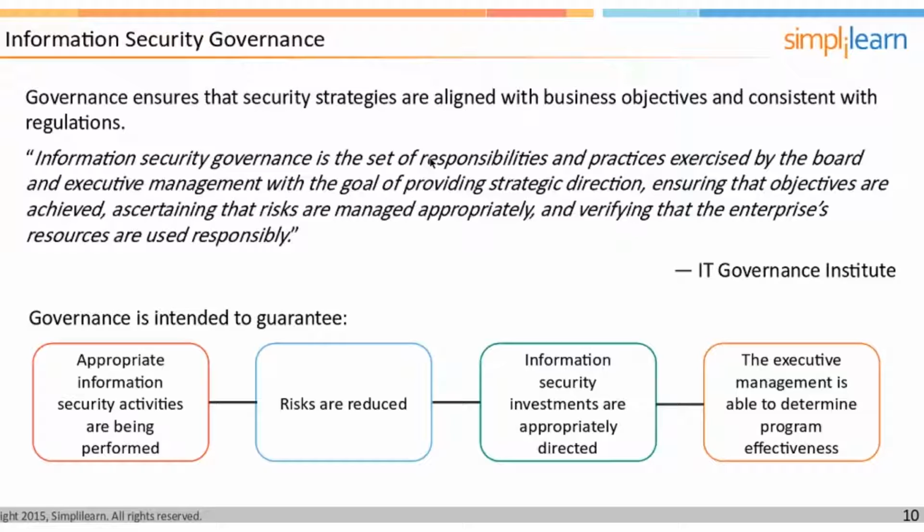Okay, so it's a really long definition here, so let's break this down. There are four things that come out very clearly from this statement. First of all, the information security activities are being performed appropriately. Second, they want to ensure that the risks are mitigated to an acceptable level. The third is there is enough investment for information security.